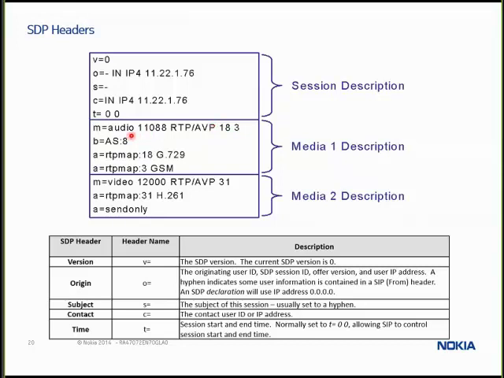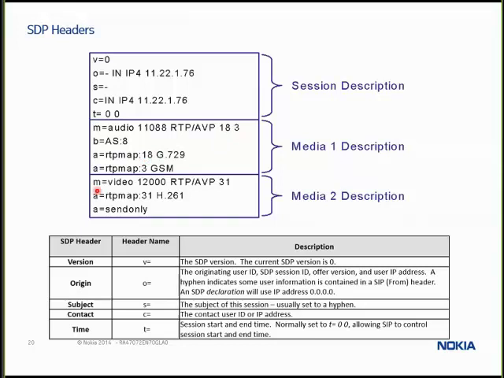We'll look at the audio, so it's audio, and then we're going to have a port number, we're going to have the type, and then we're going to have some audio visual profiles. Then we'll have some more descriptions that describe these profiles down here. That's the A, the attributes of that profile. So you can see 18 is here and 3 is there.